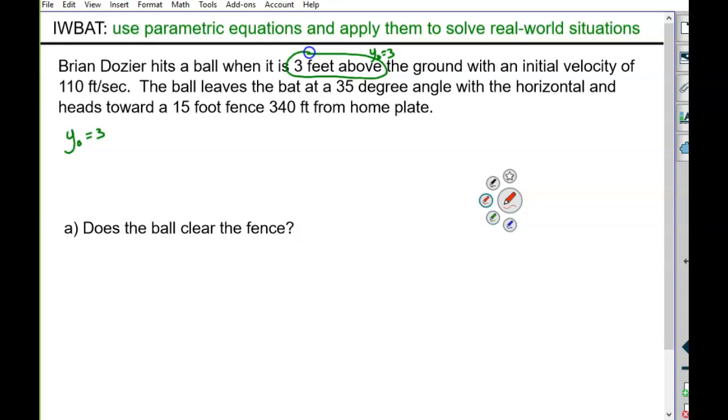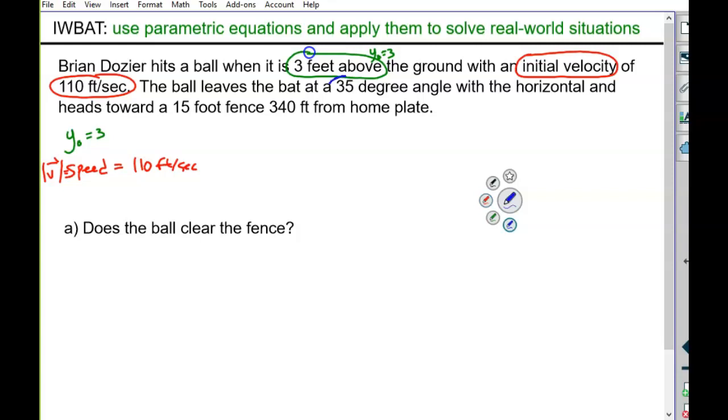Now, we also have an initial velocity of 110 feet per second. Okay, so that's the same thing as speed. I'll write that over here. Speed, which is the absolute value of the vector, is 110 feet per second.